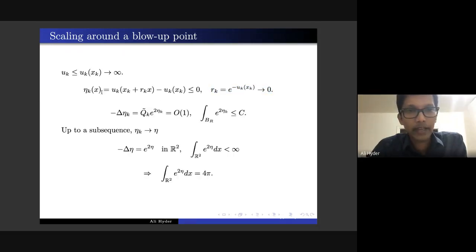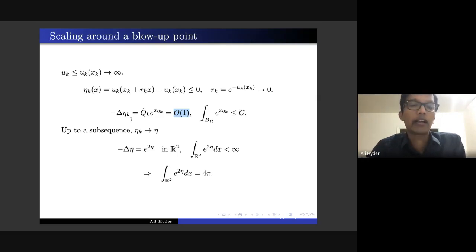Then eta_k satisfies a nice integral equation. Basically it is locally uniformly bounded, independent of k, and at the same time the integral of exponential eta_k is less than or equal to c, for any fixed large r, and q_k tilde is just the scaling of q_k because of this translation and scaling.